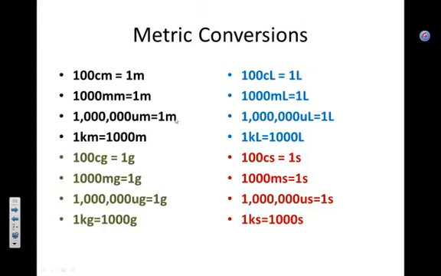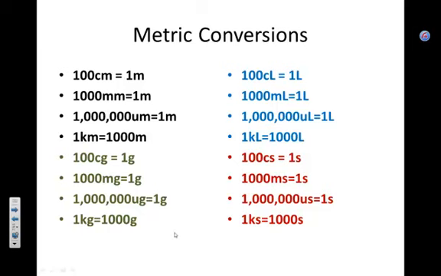A micrometer is 1/millionth of a meter, and a kilometer is 1,000 meters. The kilo prefix is the only one that is equal to more than one that we're asking you to memorize. So again, 100 centis to one thing, 1,000 millis to one thing, 1,000,000 micros to one thing, and 1,000 things to equal 1 kilo thing, whatever those things would be.